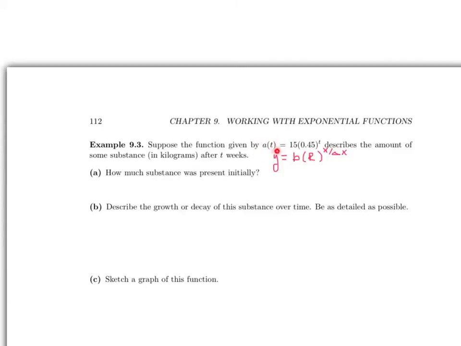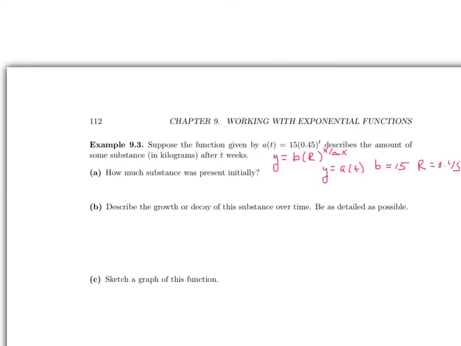The A of t is playing the role of the y. That seems fairly clear. The b is 15 in our case. The r is the 0.45.